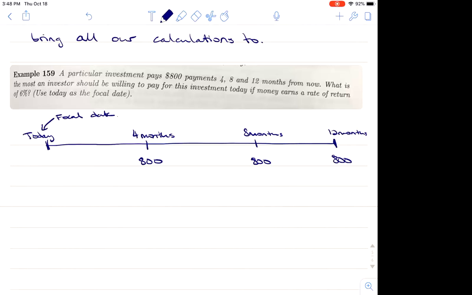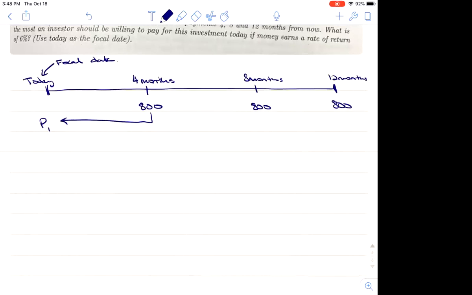So I like to start my arrows from the closest one to where I'm drawing it to, so they don't get all clustered. So this first $800 becomes some P1. P2.